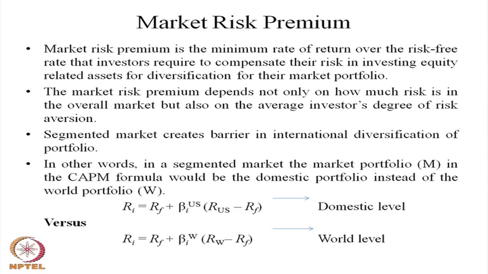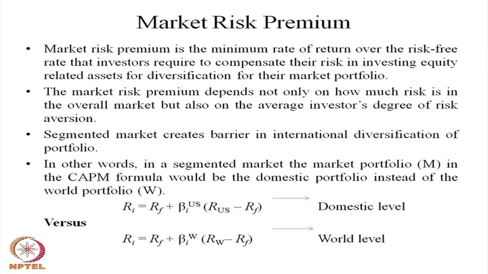As an investor, what is my risk appetite? If you want to absorb more risk, the risk premium will be more; if you want to absorb less risk, the risk premium will be less. So the risk premium depends not only on the volatility of the market but also on the risk appetite of the investor.